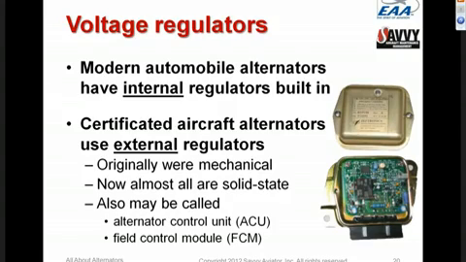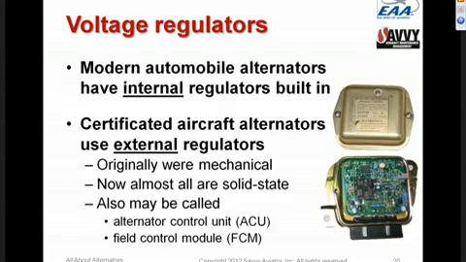But in all of the certificated aircraft alternators with which I'm familiar, the regulator is an external device, not built into the alternator, although it is built into the alternator on a lot of car alternators. And I suspect that there are a lot of home builds that are using automotive alternators with internal regulators. But on certificated aircraft, they're a separate box.